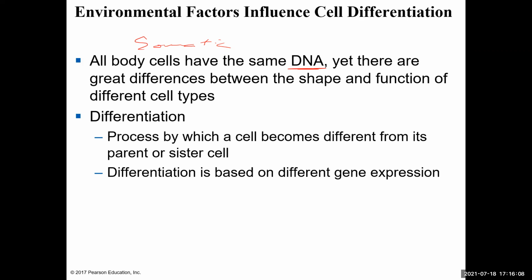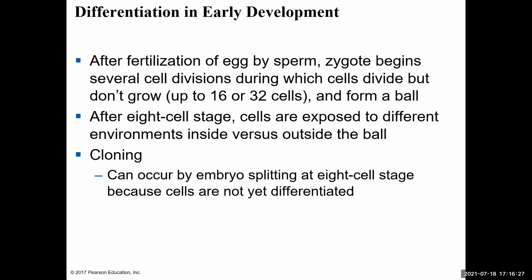Your skin cells look very different from your nerve cells and function very differently. That happens through this process of differentiation, where a cell becomes different from its parent or sister cell, which is ultimately determined by how the genes are expressed in the cell itself.